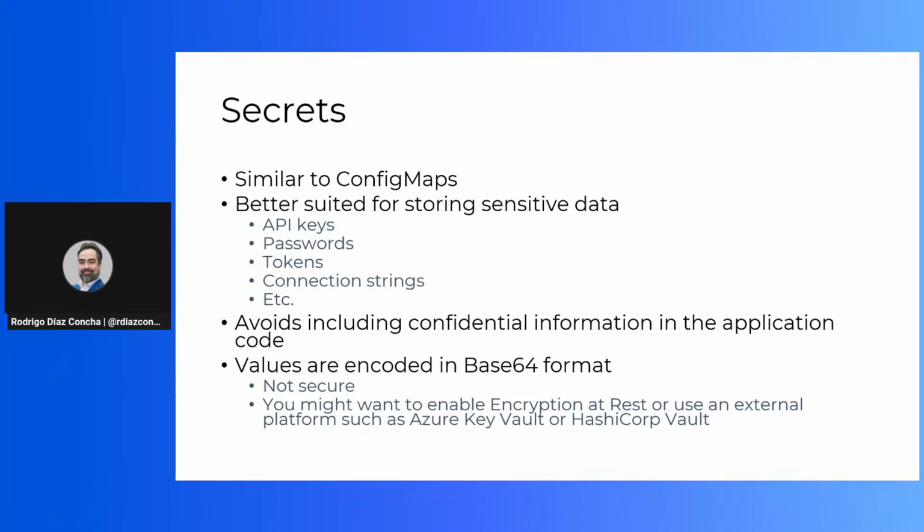So if you want to enable encryption at rest, then you can enable some other things in your cluster, or you can use an external platform or application such as Azure Key Vault or HashiCorp Vault. In other words, you need to enable some additional configurations in your cluster if you want encryption at rest, or if you happen to be using HashiCorp Vault in your on-premises environment, or maybe you are in the cloud, then you can use something like Azure Key Vault.